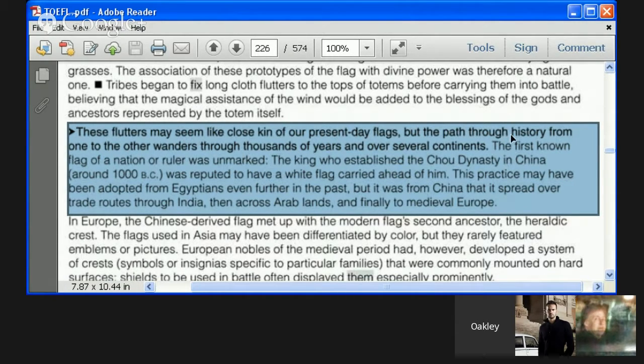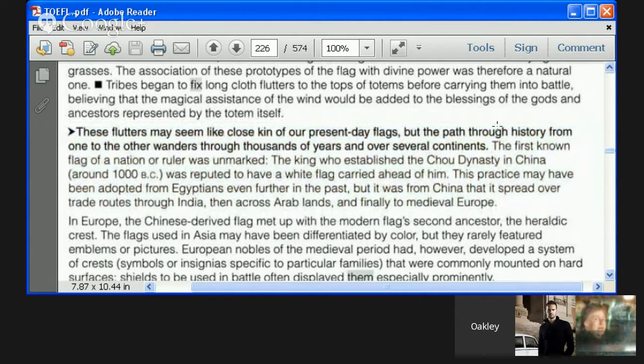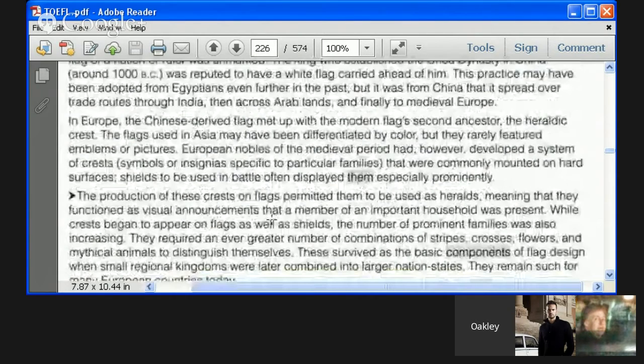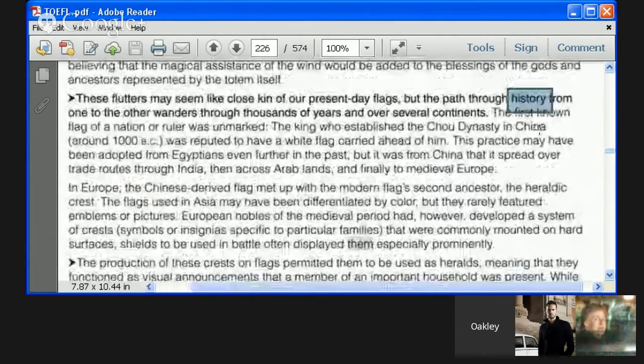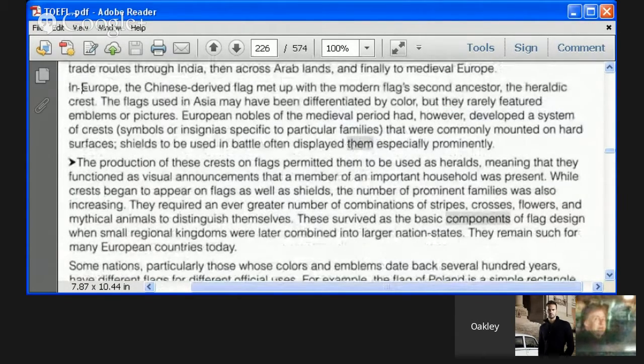This is a brief history of the first flag. So beautiful, that's it. History. You're done. It's obviously introducing and talking about some history. You might want to remember years and places, but sure, history.